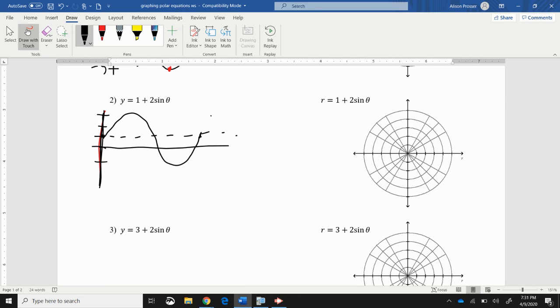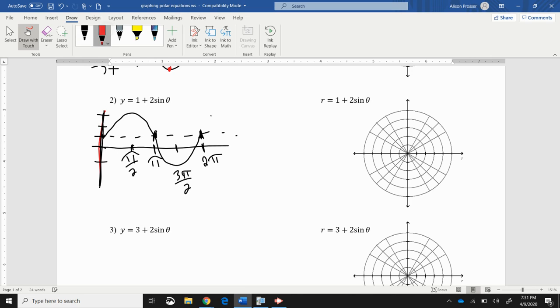So this point right here is 2 pi. This point right here, remember, is pi. This point is pi over 2. And this point is 3 pi over 2.